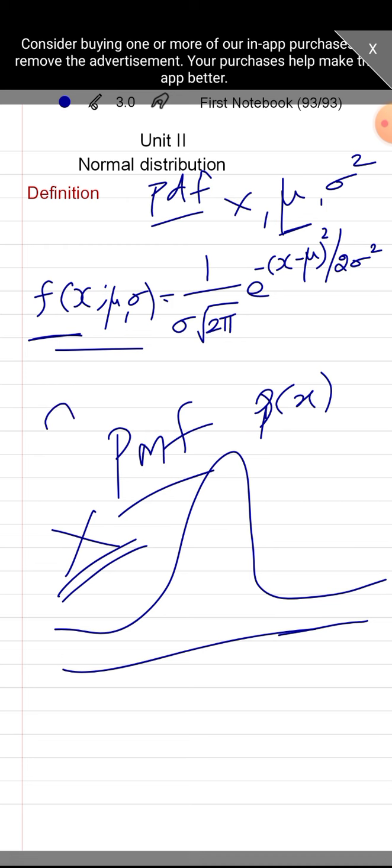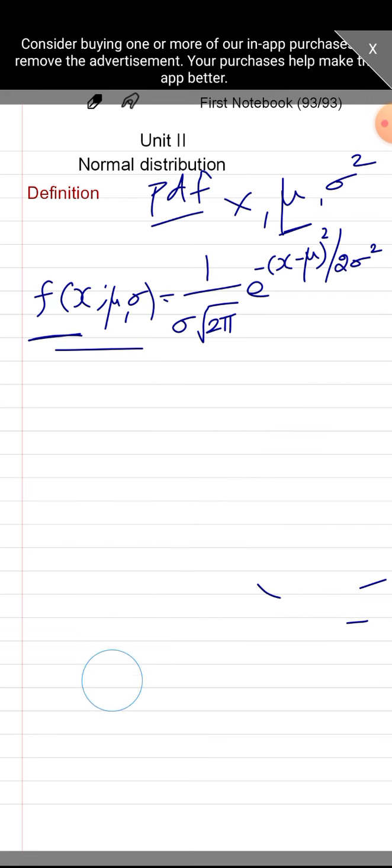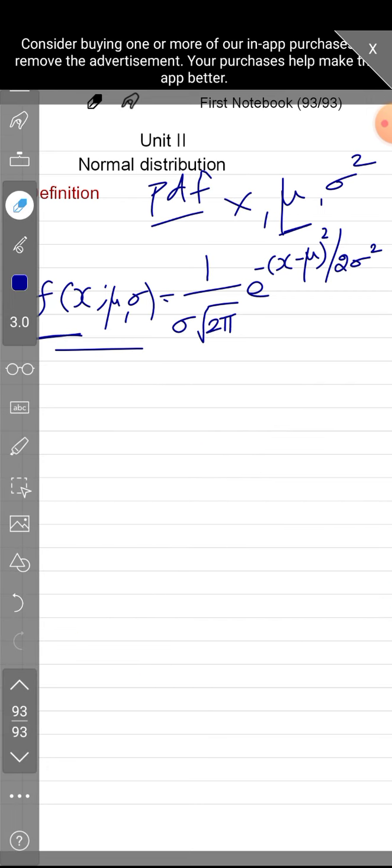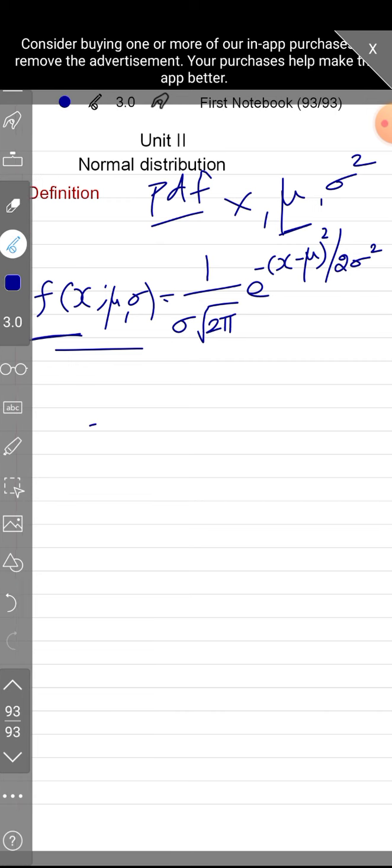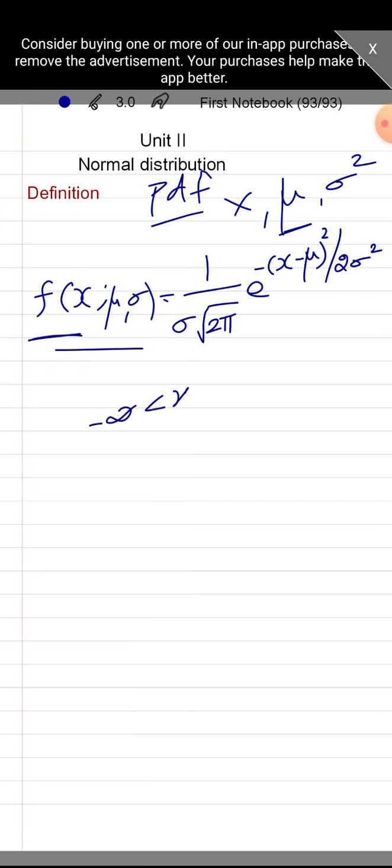Here we are defining f of x. Okay, so f of x is equal to 1 by sigma into square root of 2 pi e power minus x minus mu the whole square divided by 2 sigma square. Okay, so where x and mu lie between minus infinity to plus infinity, and sigma is positive.